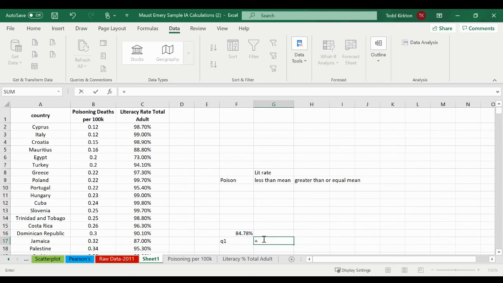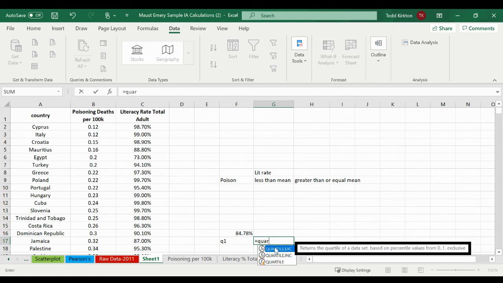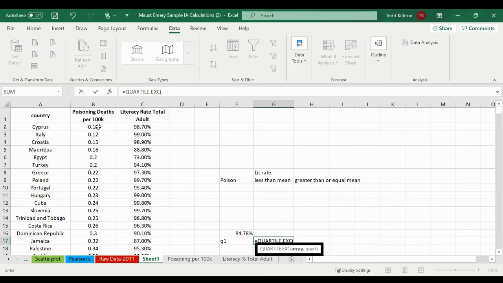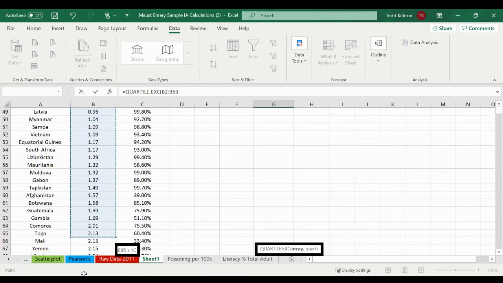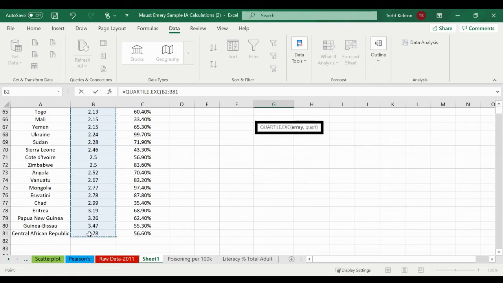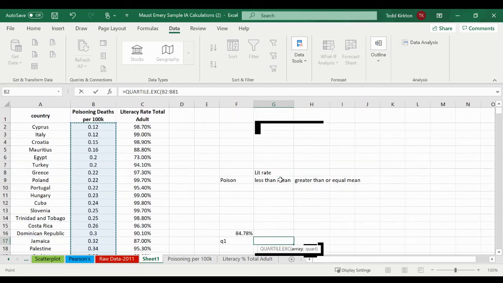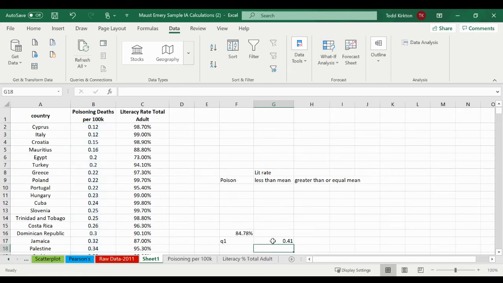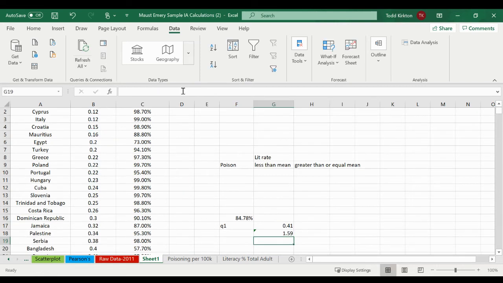To do the quartiles on here, you type in quartile and you can do exclusive or inclusive. I'm just going to do exclusive and say, I want to find the quartiles for this set of data. You could type in the numbers or just highlight. I want to find the first quartile, and I just dragged it down because I want to find the third quartile. And then I can do the median.